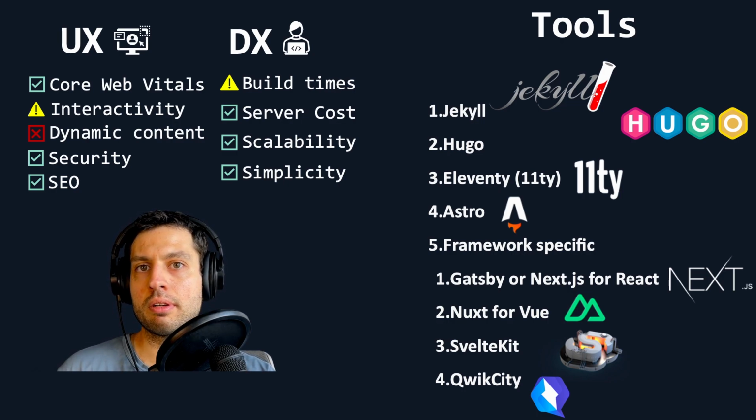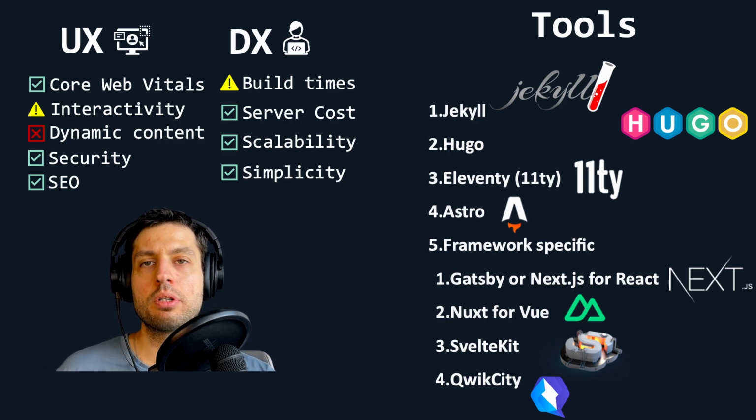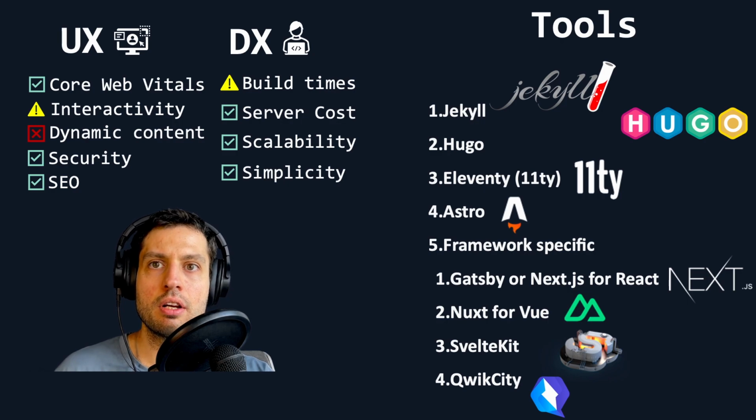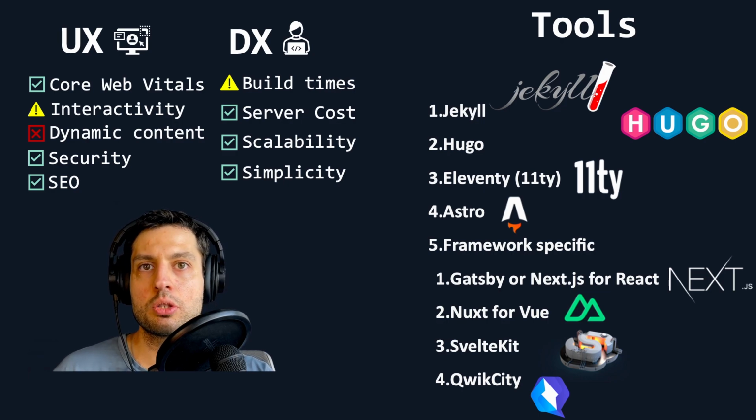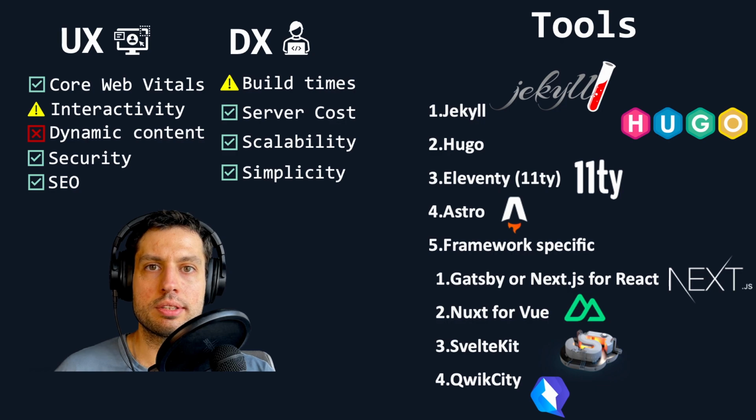You can upload your content as Markdown to GitHub and use Jekyll to fetch that and display it. Hugo is known for its speed. You could also use Astro, which lets you combine different approaches and different frameworks, or you can go with some of the popular SPA frameworks that each have their own meta framework that now has capabilities of doing static site generation. So you could use React with Next.js and tell it to do static site generation.